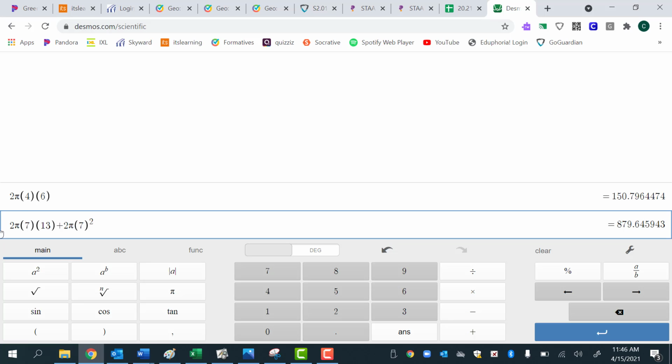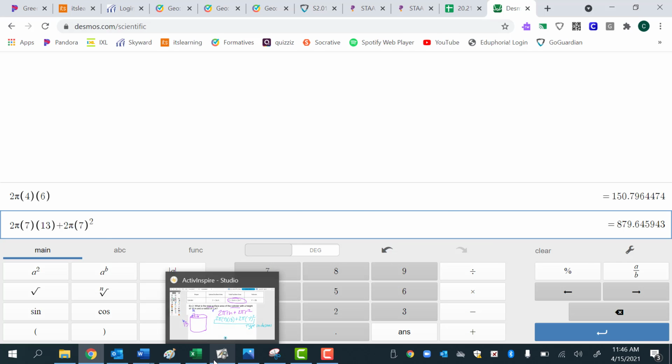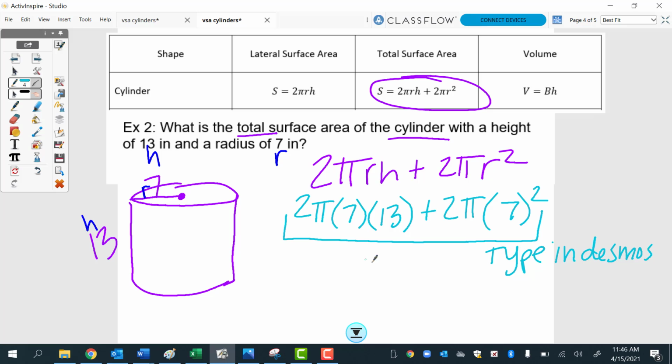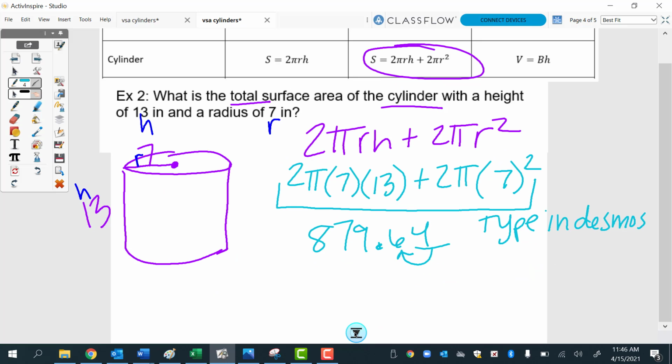This looks exactly like what I just wrote down. Make sure you type it with the right number of parentheses. So we're putting 879.64. Does the 4 make the 6 bigger or keep it the same? I'm just going to keep it the same. So 879.6 is our answer.